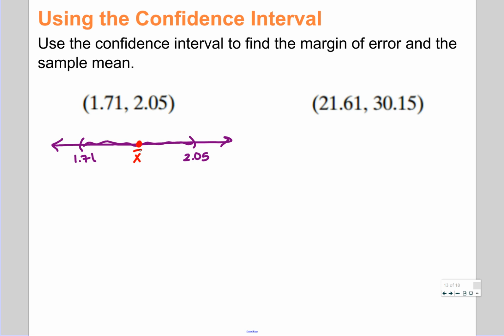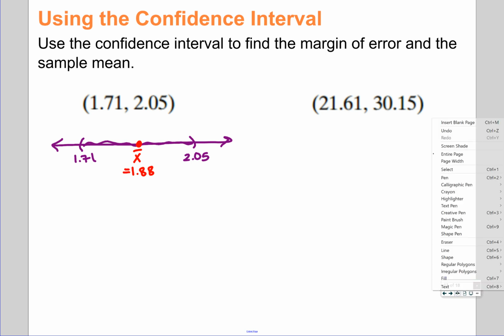So we don't really need a formula for that. We're just adding them up and dividing by 2. So you can do that real quick. 1.71 plus 2.05 divided by 2. And that's going to give me my X bar is equal to 1.88 in this example.